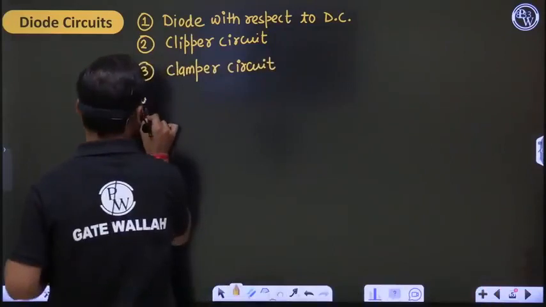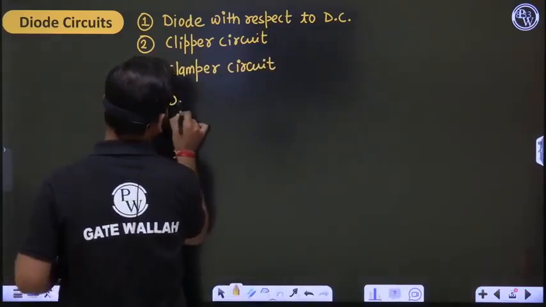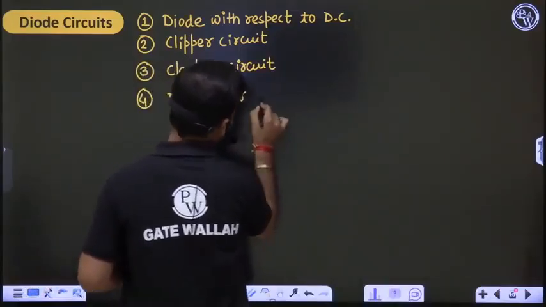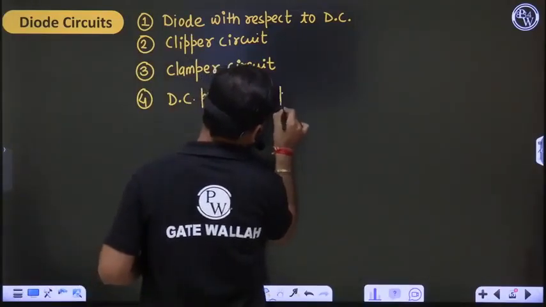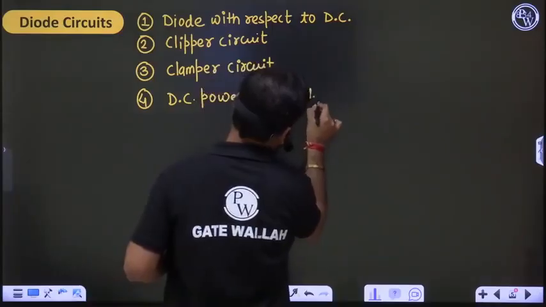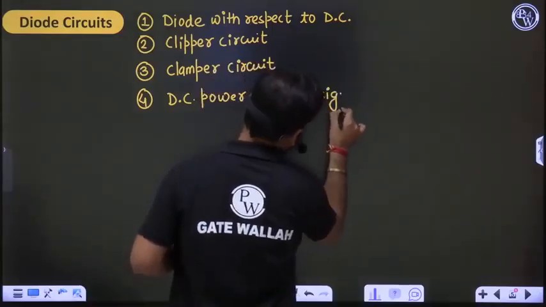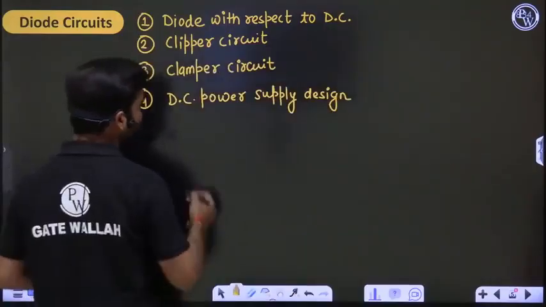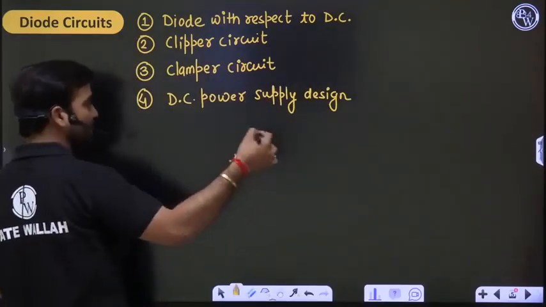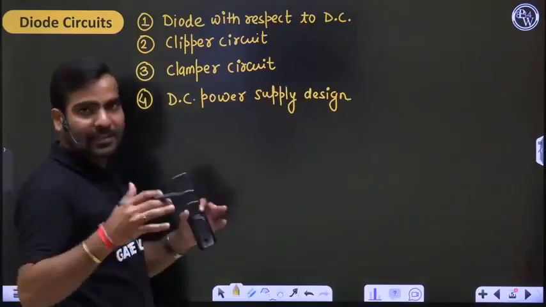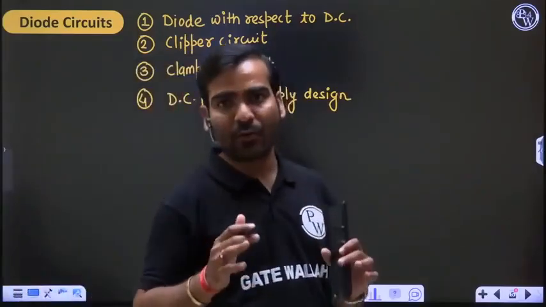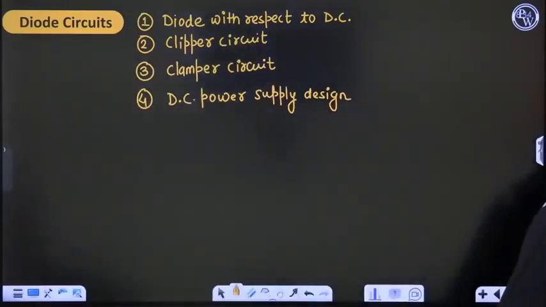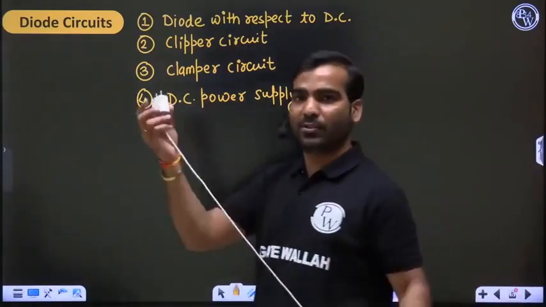Fourth one is DC power supply design. In this we will have subtopics. How is a DC power supply designed? Like you have AC power inside your home. For example, this is your mobile charger.